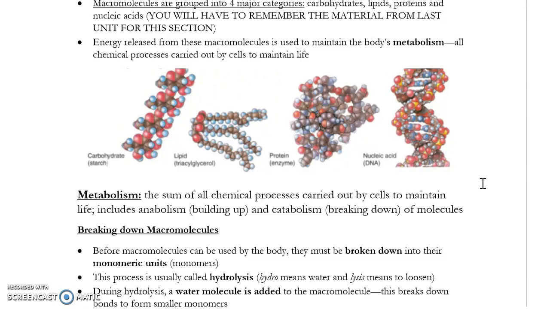So cellular respiration is the catabolism of glucose. You're breaking down glucose and using that in the form of ATP, which is your energy. So you need to know what metabolism is from that definition standpoint, which is really just the breakdown and building of different molecules.